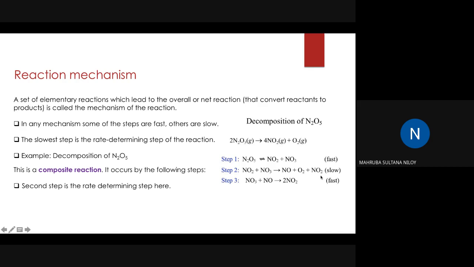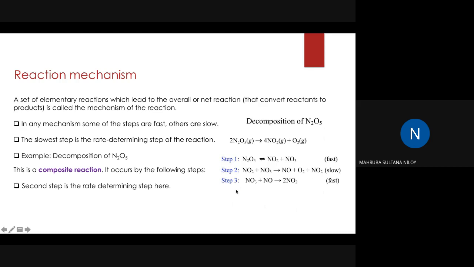Yes, sir. Okay, so in the third step, what may happen? Nitrogen trioxide and nitrogen monoxide reacted, and 2 moles of nitrogen dioxide were created. Okay, so if we combine these reactions together, then we get this. Is it clear? Yes, sir. So this is the mechanism of this reaction.